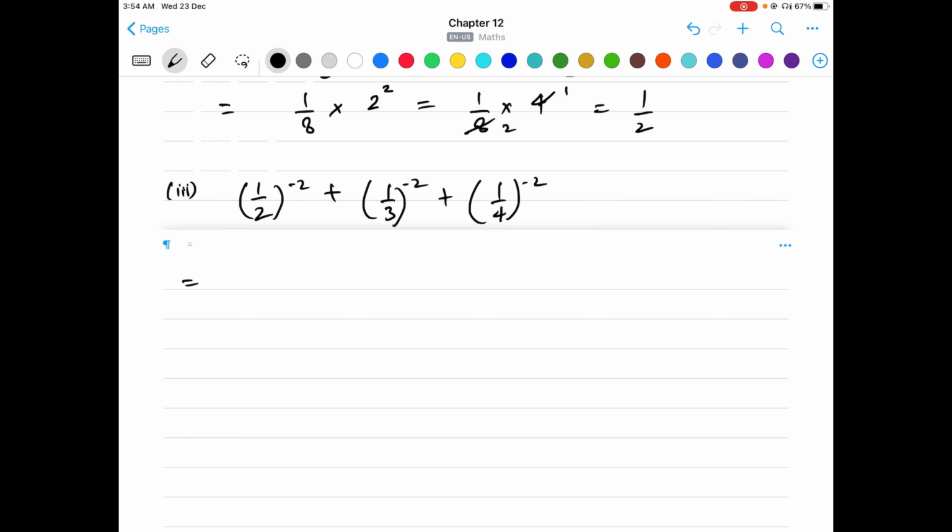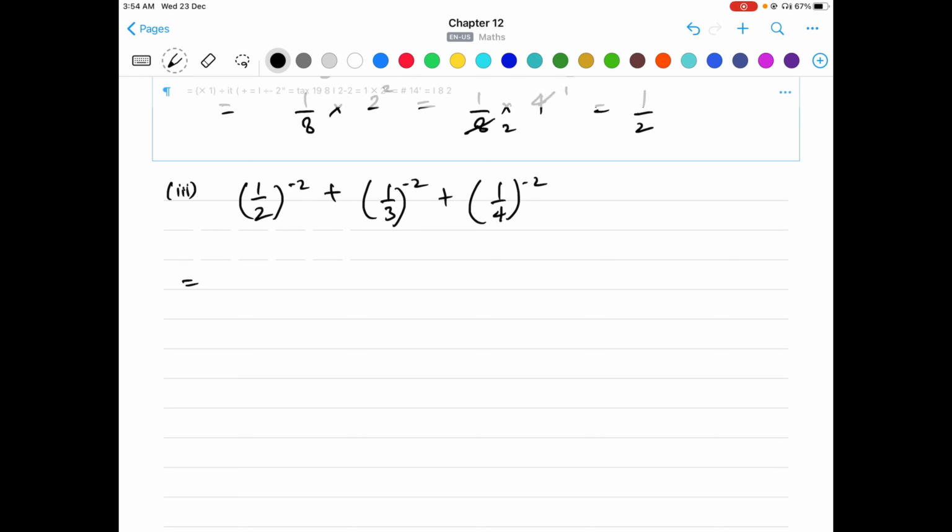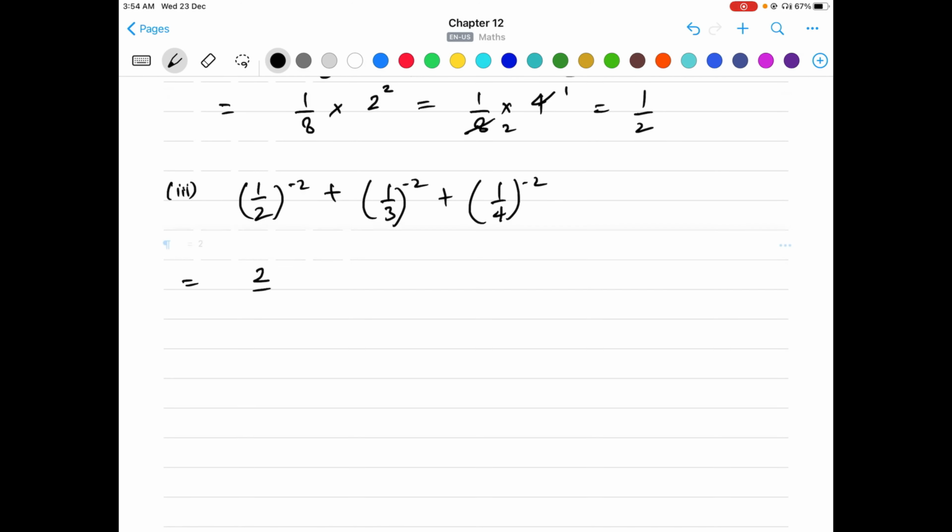This is very simple. If you reciprocate these numbers, the negative power will change to positive, so it will be (2/1)^2, (3/1)^2, and (4/1)^2. So we have reciprocated all the numbers, and the negative power is changed to positive.